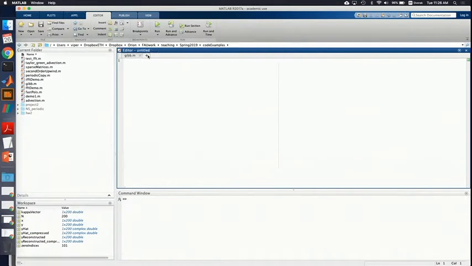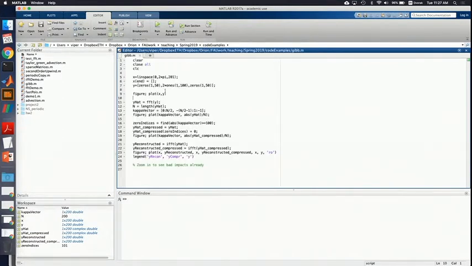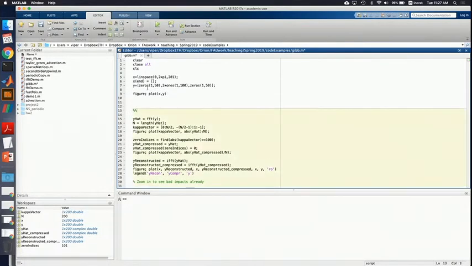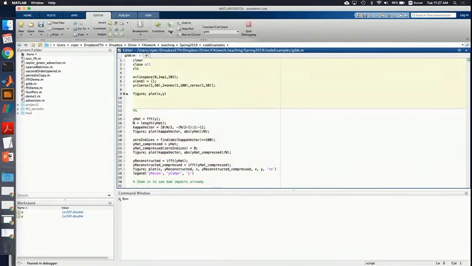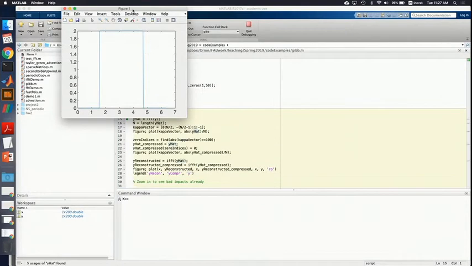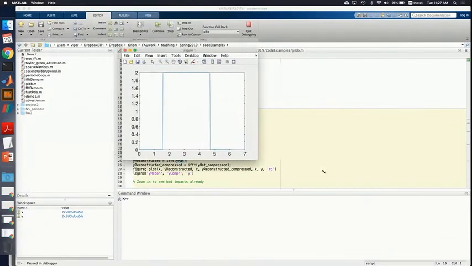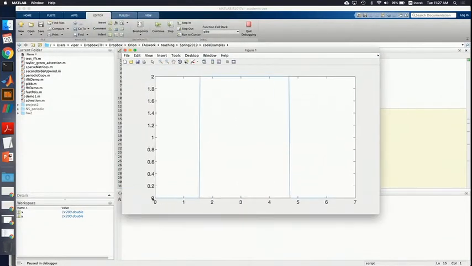Okay, let me just run this. What I've done is I've created this square wave, which is 0 here, jumps immediately to 2, then jumps down again to 0.